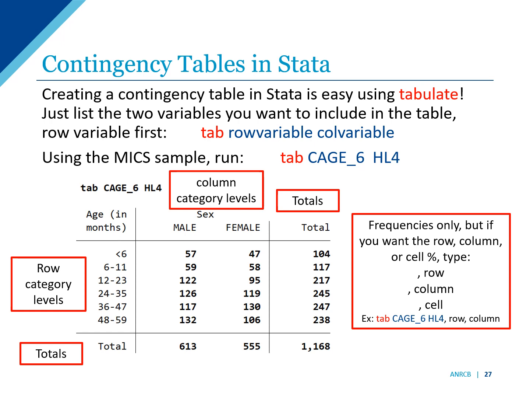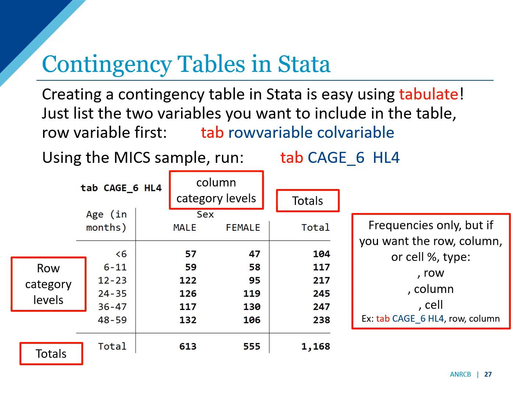You see the row category levels and column category levels, and each cell has the value of the column level for that row level. For example, there are 57 male children less than 6 years old and 47 female children less than 6 years old out of 104 children less than 6 years old.